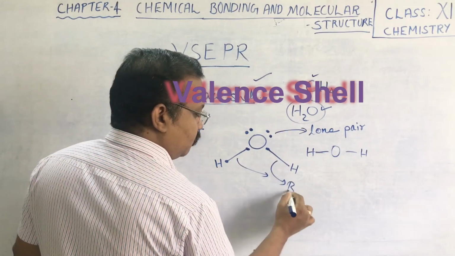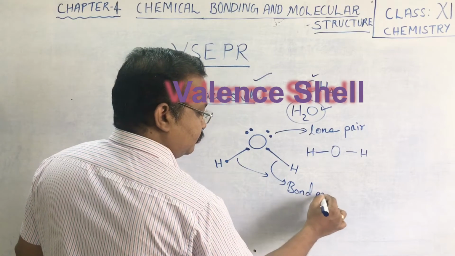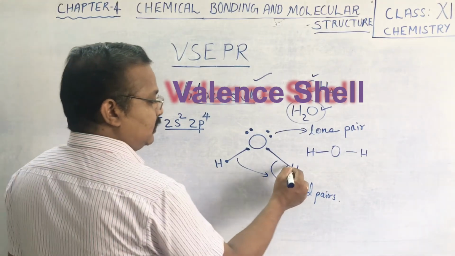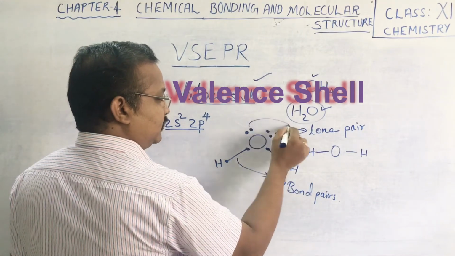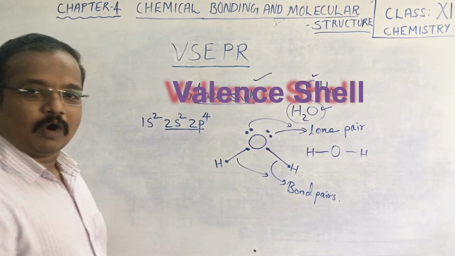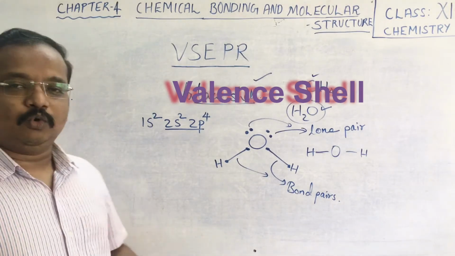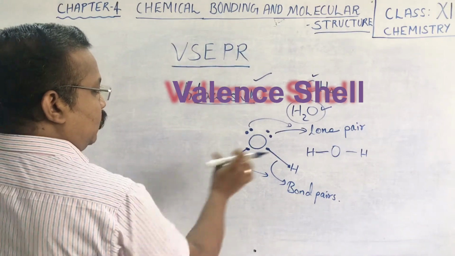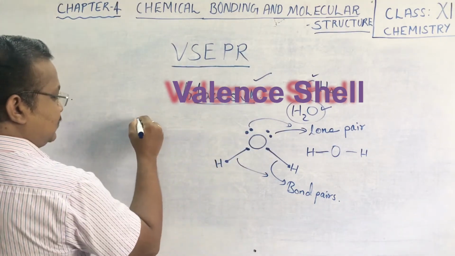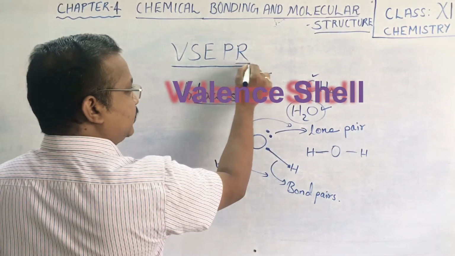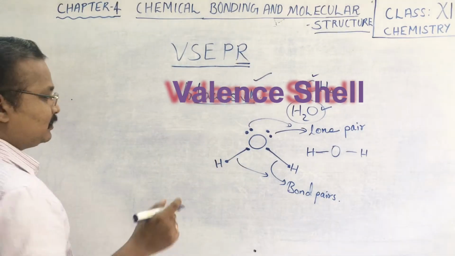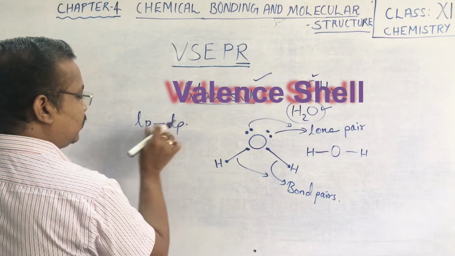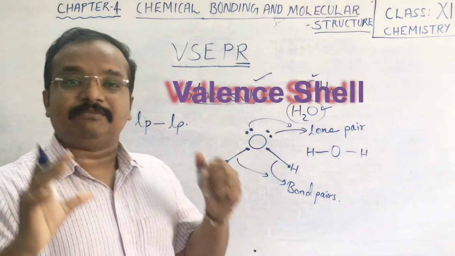These two are our bond pairs, as well as lone pairs of electrons. These both are lone pairs in the case of water. According to VSEPR theory, this is a repulsion theory. This R represents repulsion. The lone pair to lone pair repulsion is maximum among them.